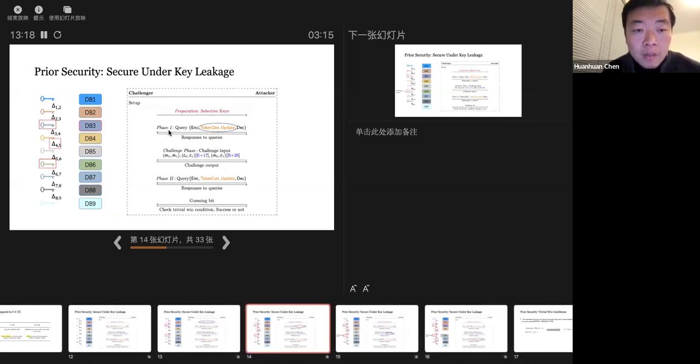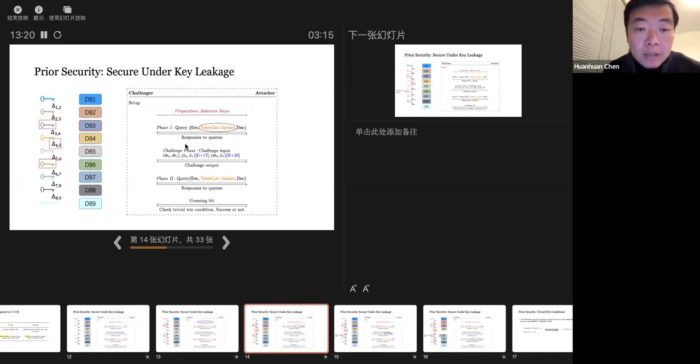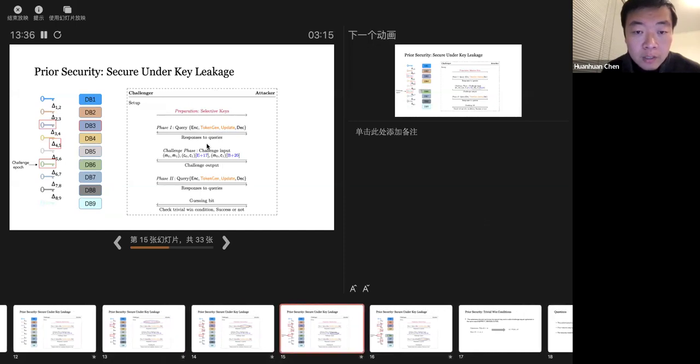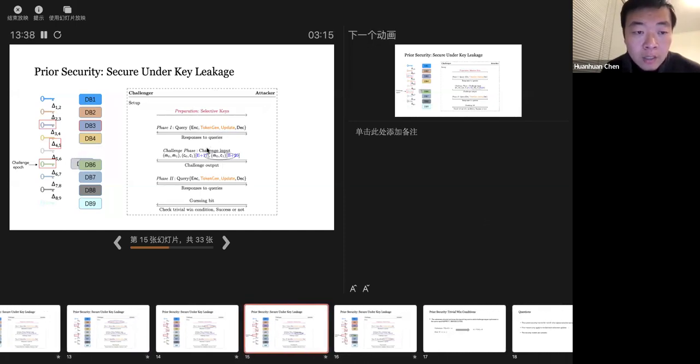And in the query phase, the attacker can query all the oracles, all the algorithms involved in the scheme, which include encryption and decryption, and also the token generation and update algorithms. In the challenge phase, the attacker sends two challenge inputs to the challenger.